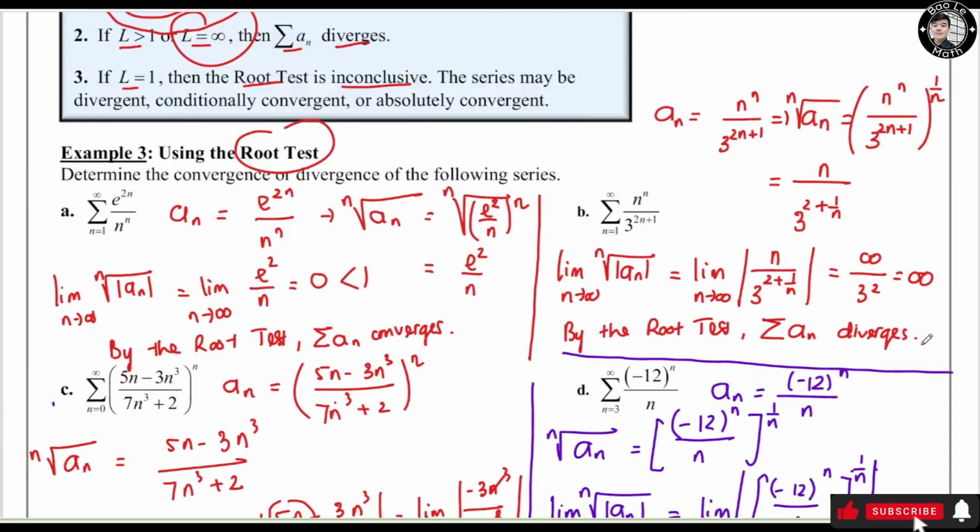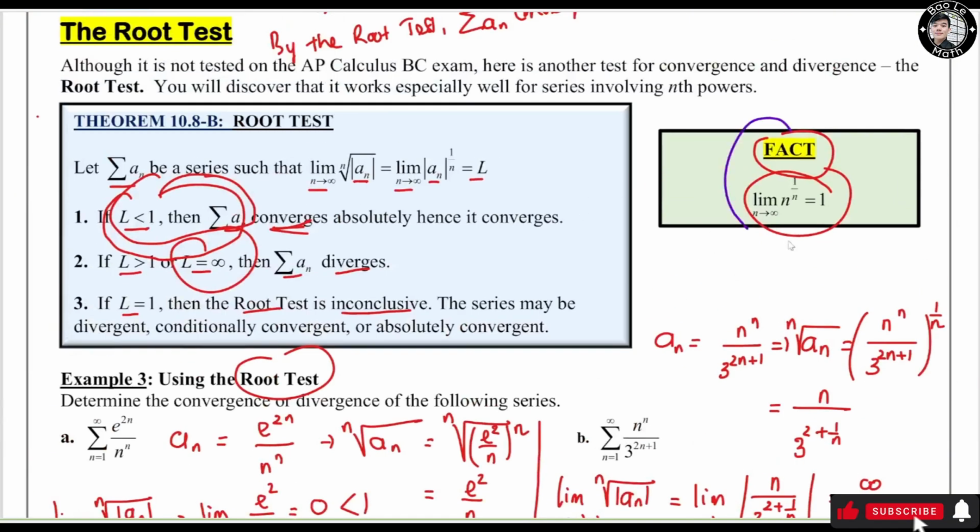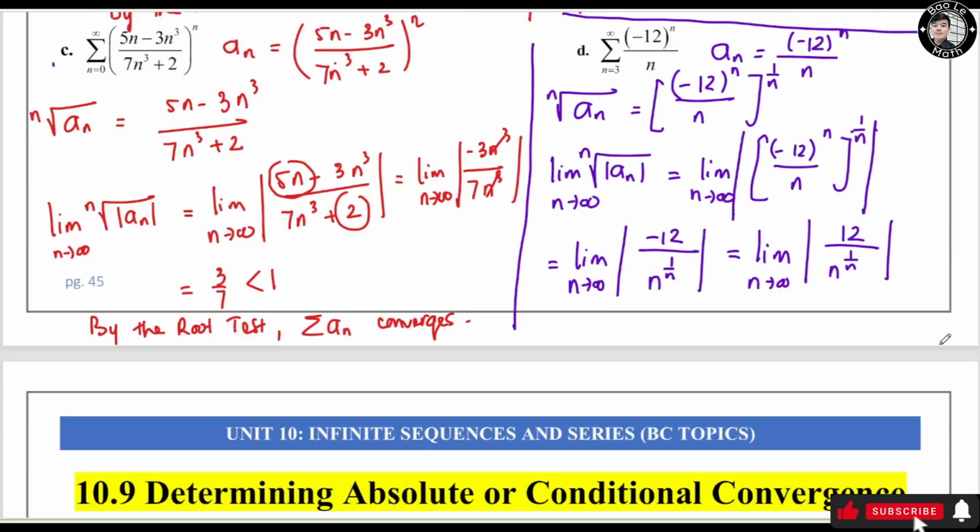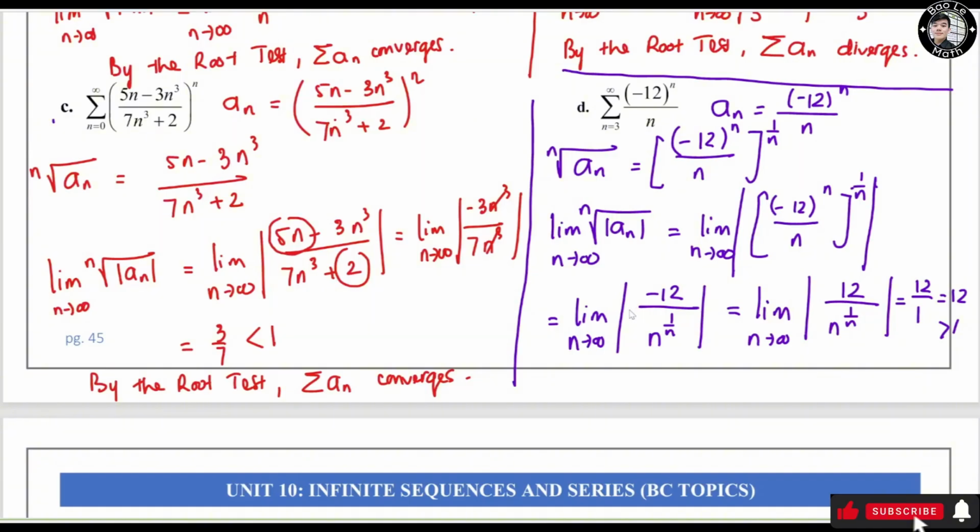Now we look at the formula right here: the limit of n raised to the 1 over n as n approaches infinity equals 1. So the bottom equals 1 and the top equals 12, so it's 12 over 1, and 12 is greater than 1. By the root test, the series diverges.